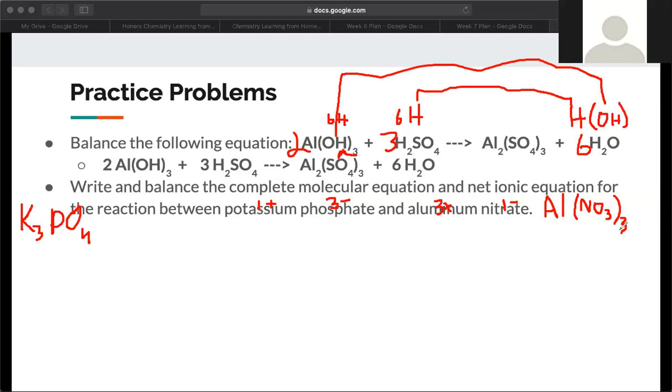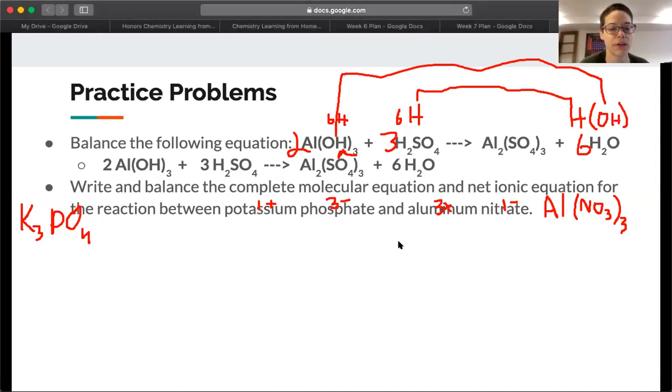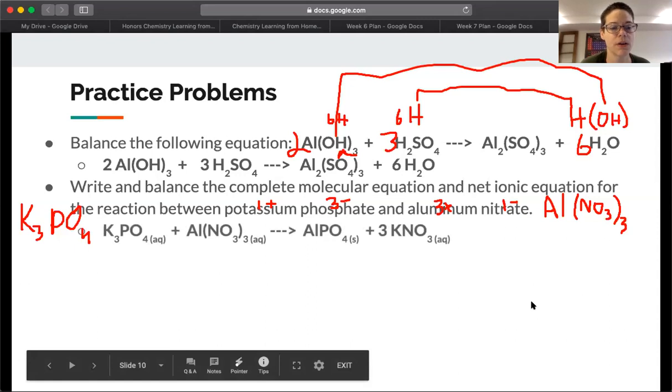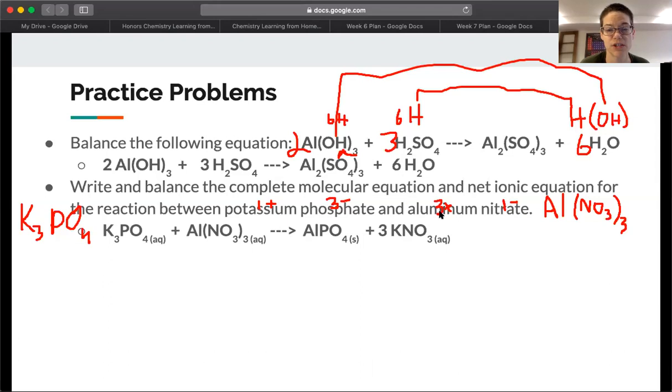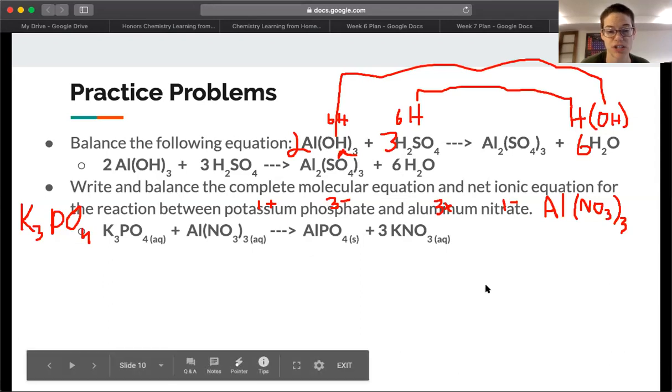KNO3 and AlPO4. Yup. Since it's 3 and 3 and 1 and 1, there's no additional subscripts there.